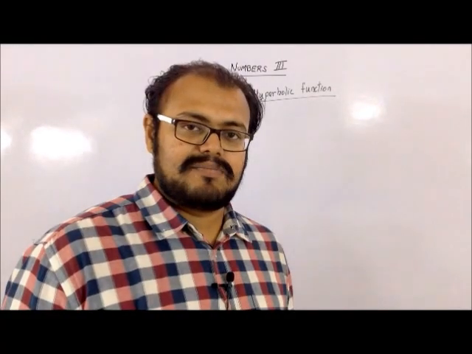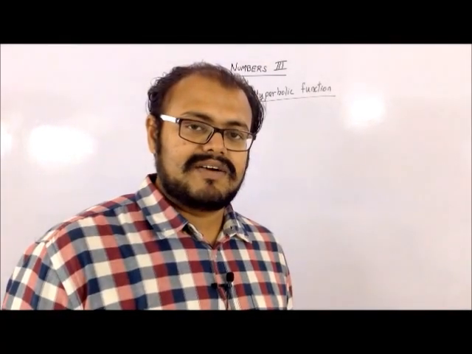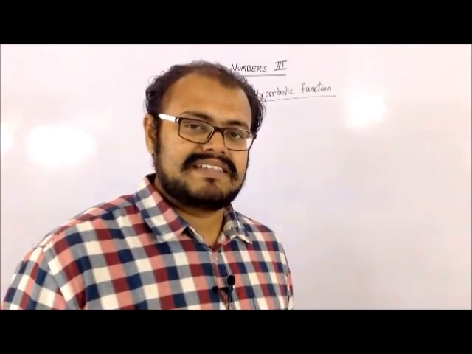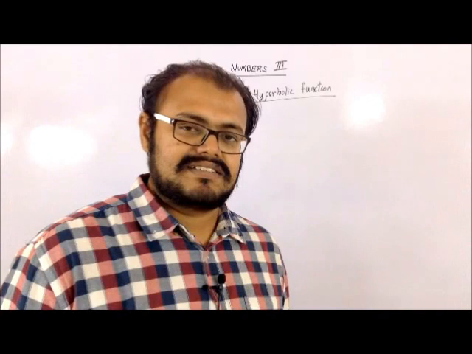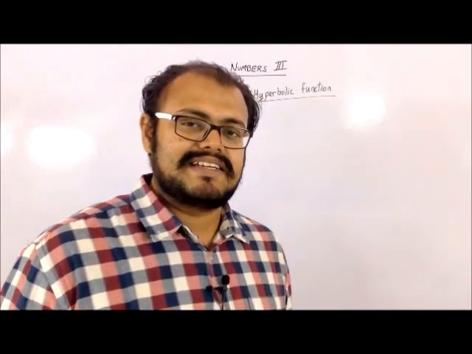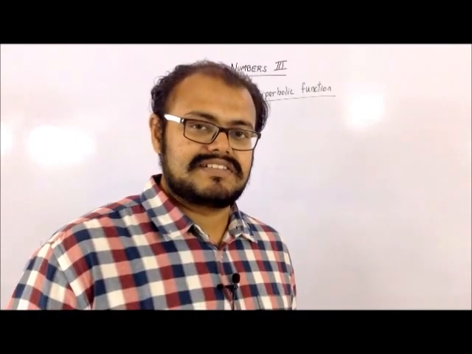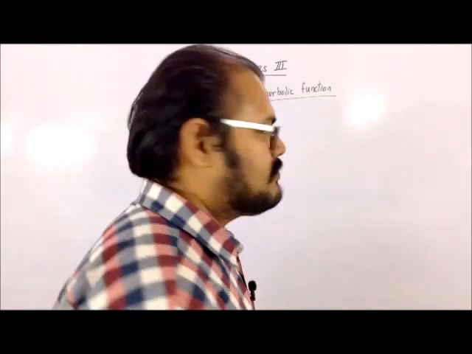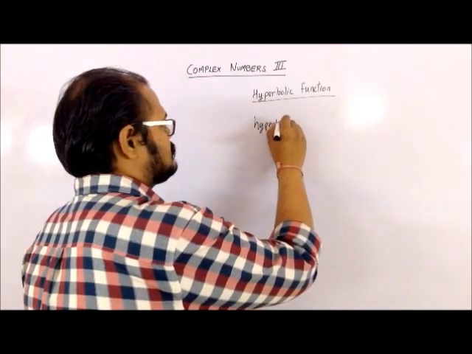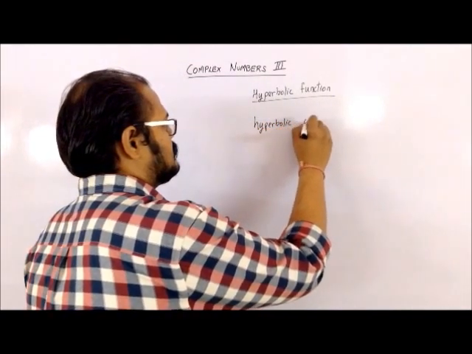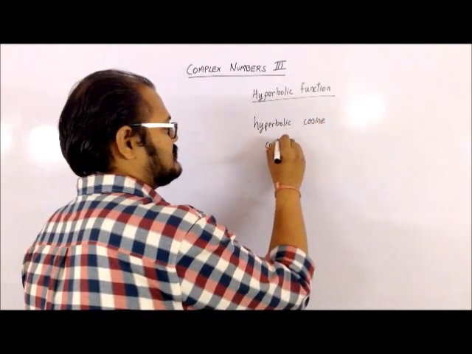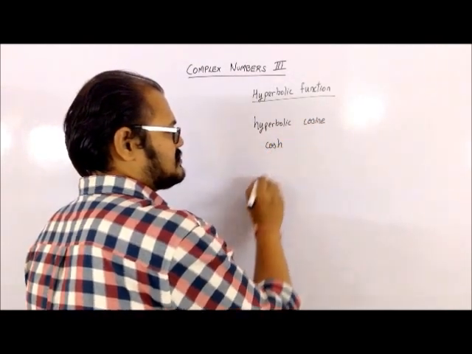Next topic is hyperbolic functions. Now hyperbolic functions are based on my circular functions, that are sine and cos. They are almost the same as them, but their definitions are slightly different. First of all, if I want to write hyperbolic cosine, then I can write it in short as cos h.